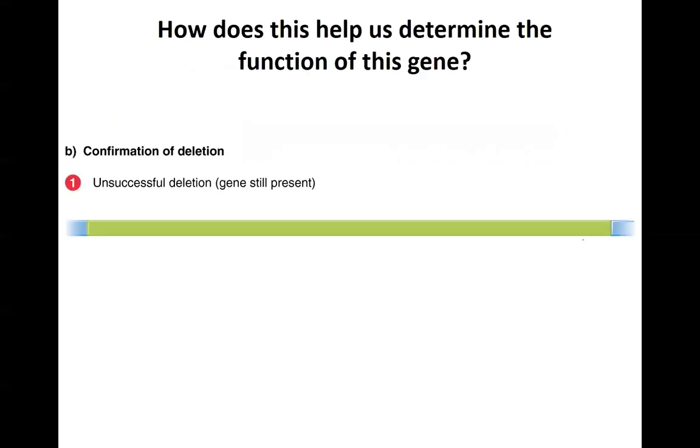If we have an unsuccessful deletion in our original gene, which is still going to be represented by this big long piece, we can actually use a PCR technique with primers. We can put some at this end, and if we can get something amplified from this original gene, we can do it on the other end too. If we get this product, notice that we are going to have these internal primers. If we are able to amplify that, that's bad.